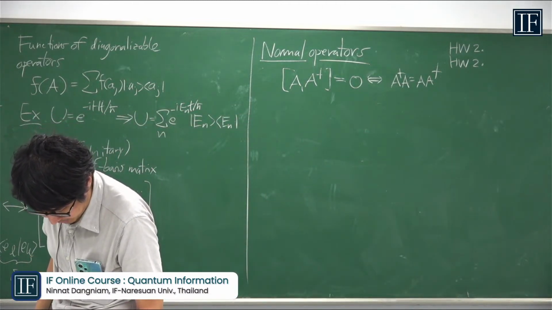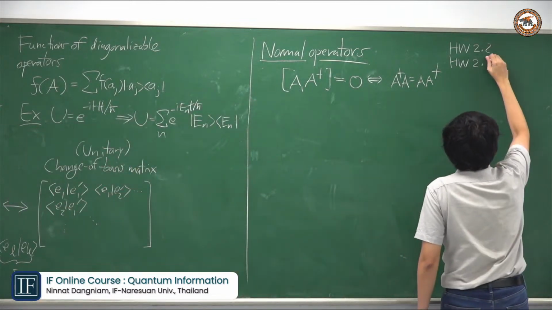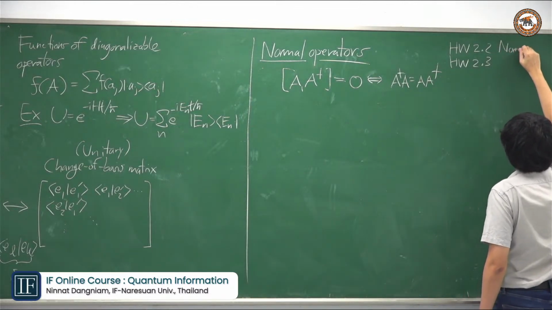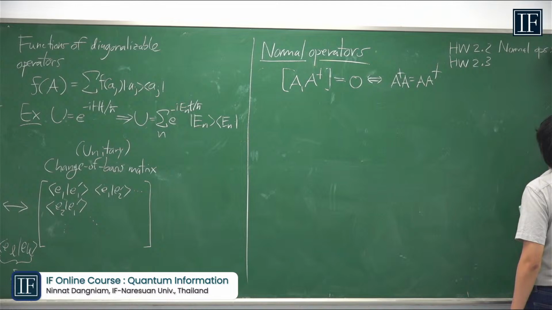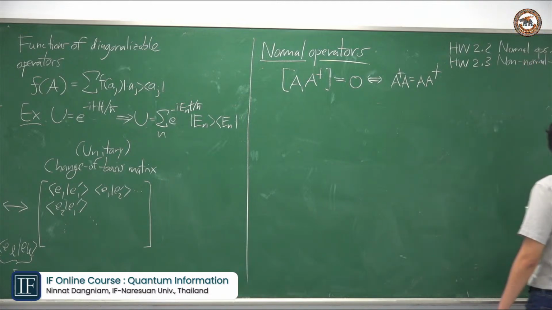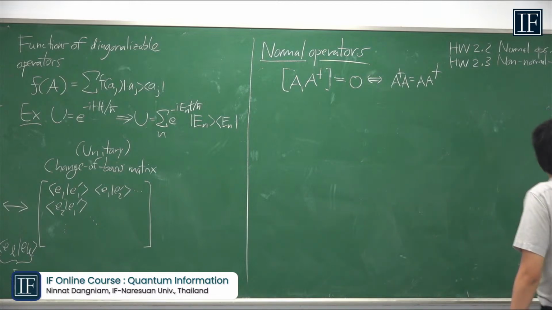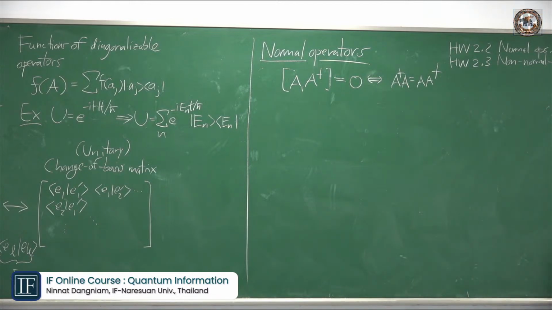Let me just open it up. Okay, 2.3, normal operators for qubits. And then non-normal operators. A prevalent example of a non-normal operator would be, for example, the creation operator. Oh, sorry, this is the annihilation operator, if I label it like this, right?